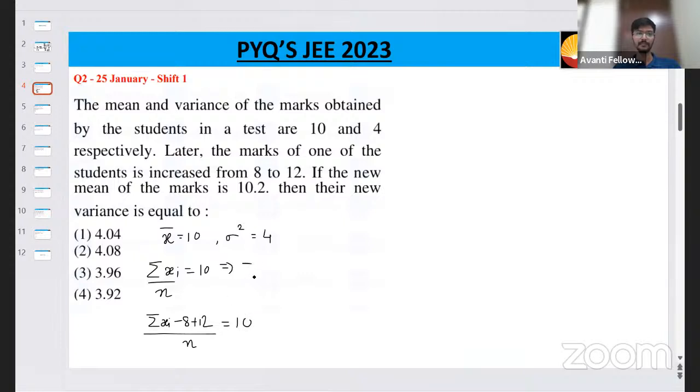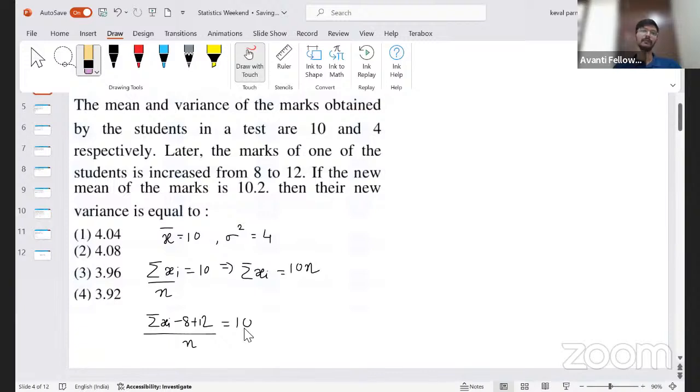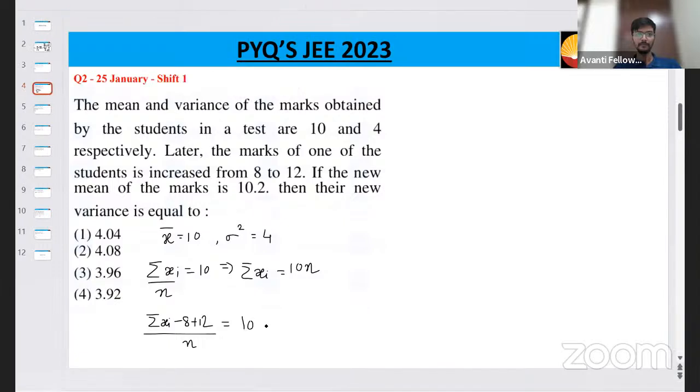So from here we get summation xi is equals to 10 into n, right? And if the new mean is 10.2, correct? So if we cross multiply this, we'll get summation xi plus 4 is equals to 10.2 into n.